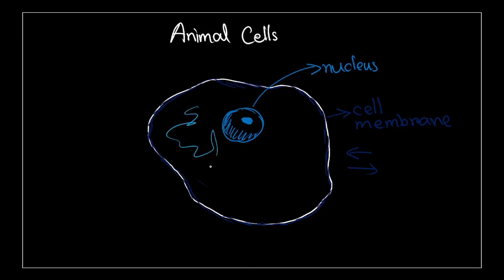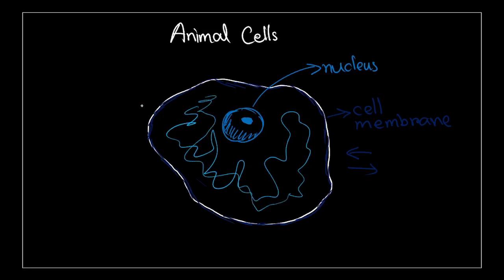And whatever's inside of that cell, which is a pretty jelly-like substance, is called the cytoplasm. It's like this jelly chemical substance where chemical reactions go on inside of the cytoplasm, and this keeps the cell alive. So yeah, this is pretty much the basic representation of an animal cell.